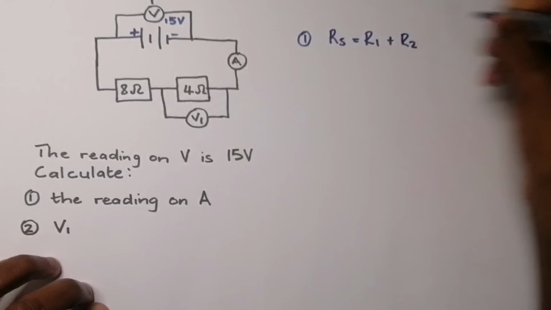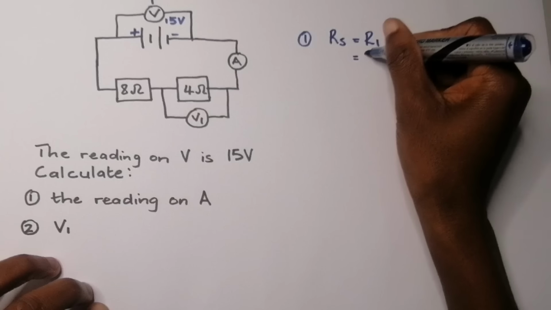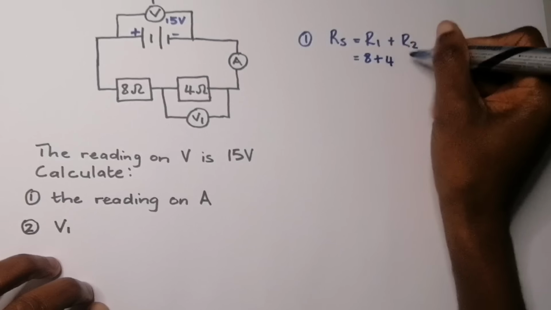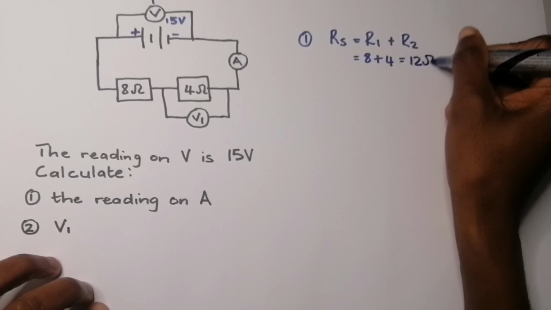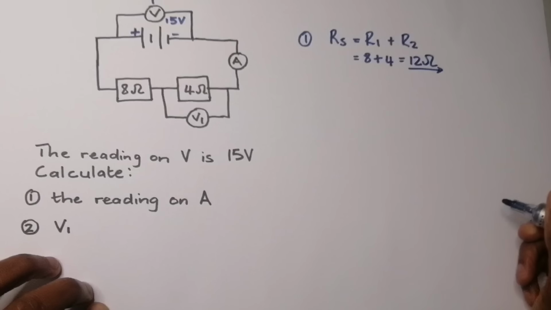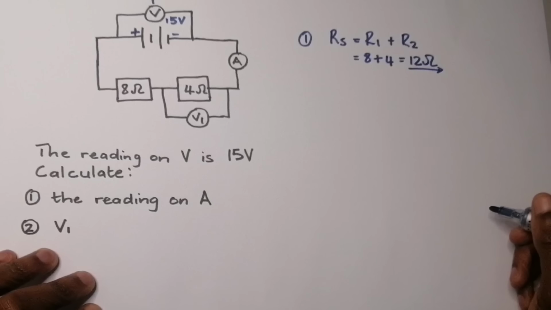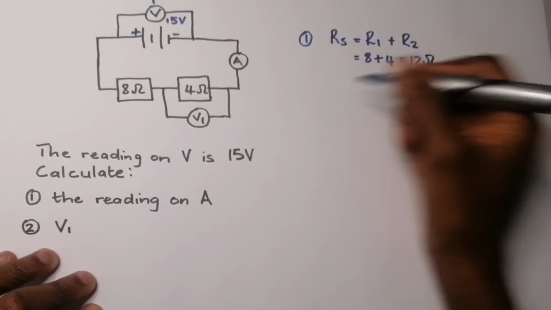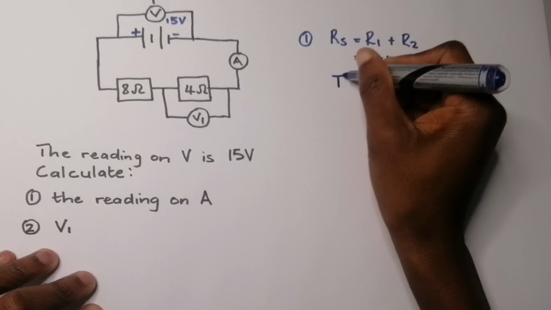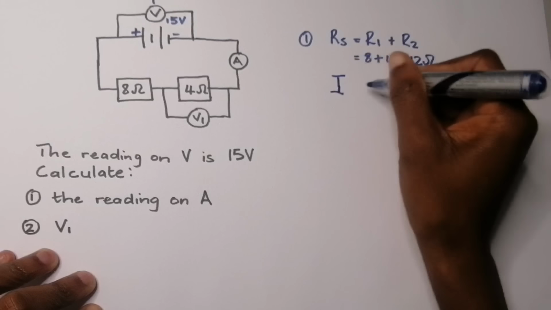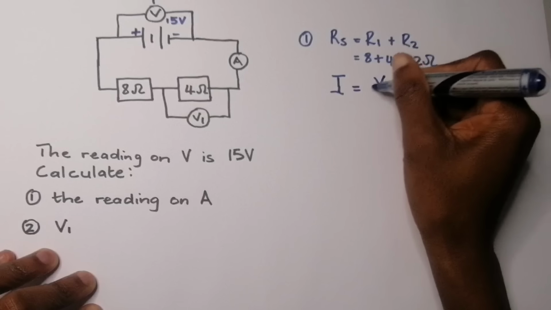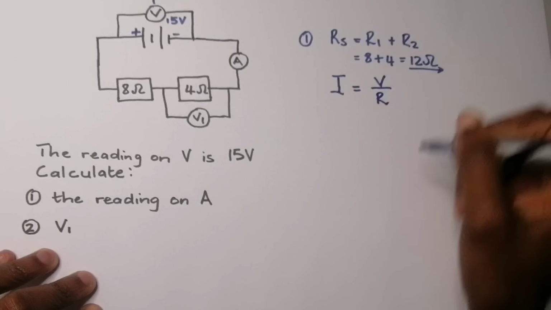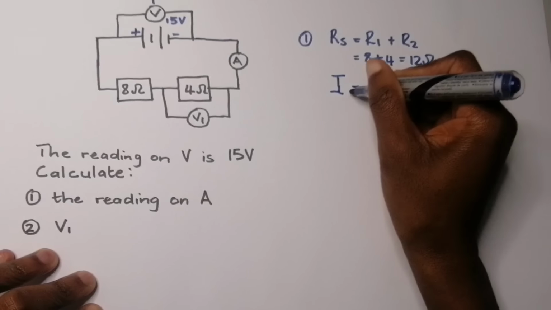If you had other resistors, you'd add all of them up. So this is going to be 8 plus 4, which gives you 12 ohms. Now that I've got my total resistance, I am going to use Ohm's law. I know I is equal to V over R. But please remember, I'm looking for current.